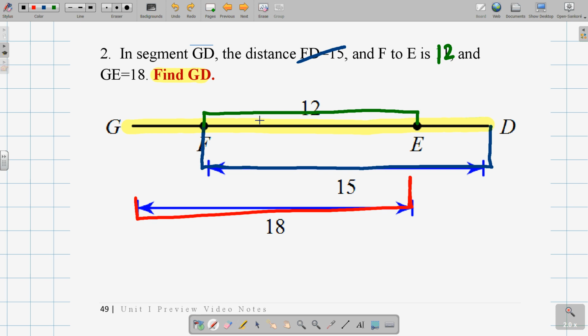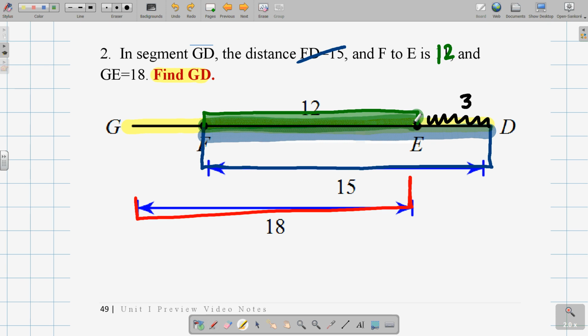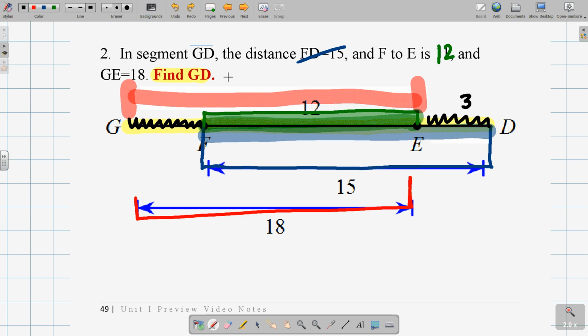What you should have noticed is that if this from here to here is 12 and here to here is 15, E to D must therefore be 3. Once again, if from here to here is 12, notice I'm still physically tracing, and from here to here is 18, then this is 18 minus the 12, which is 6.